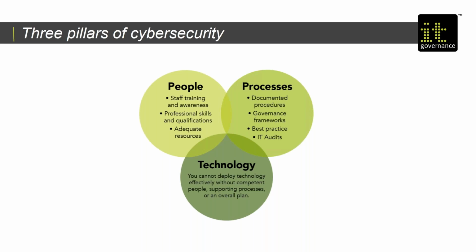But of course, the people and process bits are much more than just the means to effective configuration of hardware and software. People and process are themselves attack vectors. So you need to deal with all of the weaknesses there are in and around staff through areas like staff training and awareness, through ensuring people have appropriate skills and accreditations, and then of course you've got adequate resource inside the business.